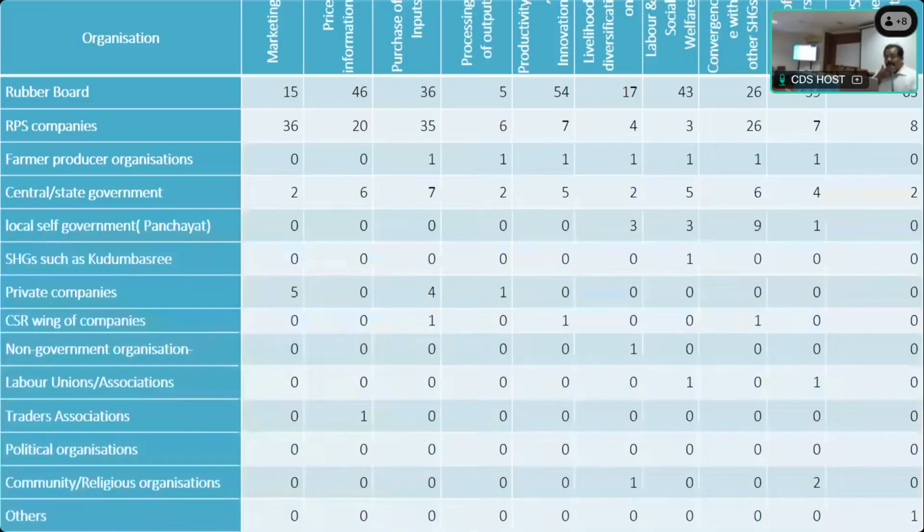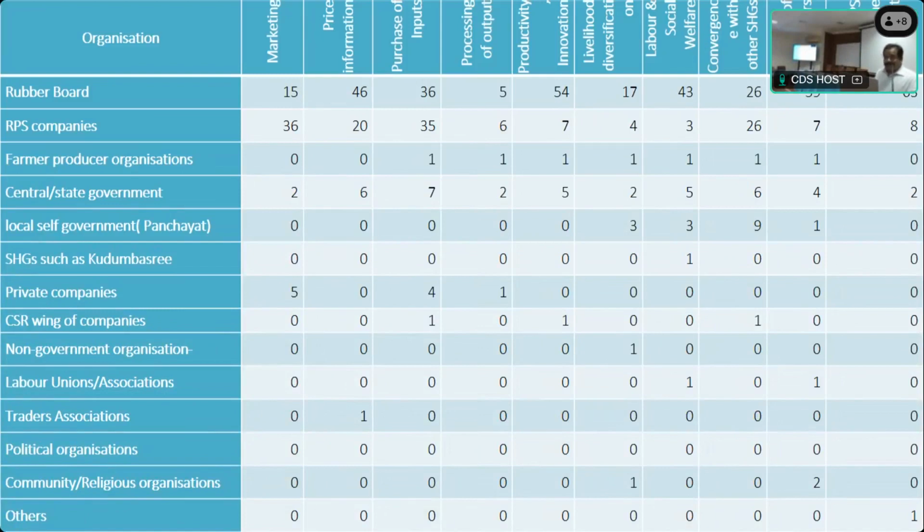Now, these are the activities for a typical rubber producer society, RPS, which can interact with all these partners for a variety of activities. Like for instance, the rubber board, the rubber producer society companies, the FPO, other FPOs, farm producer organizations.